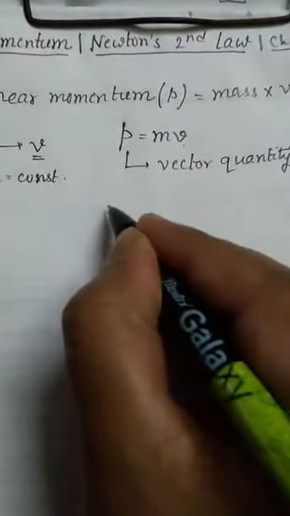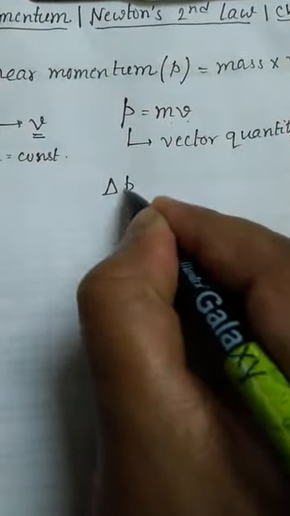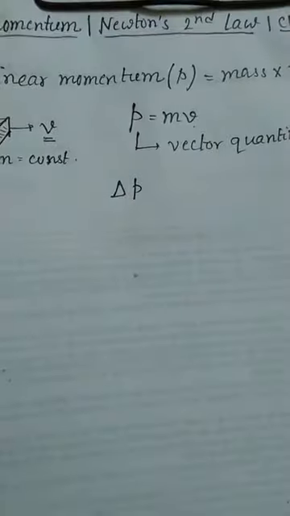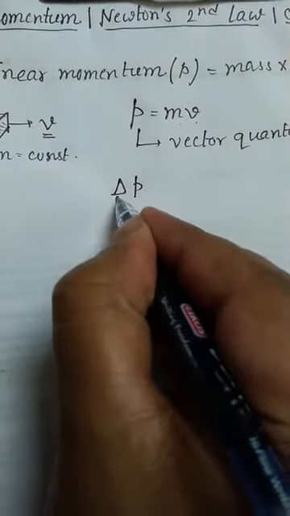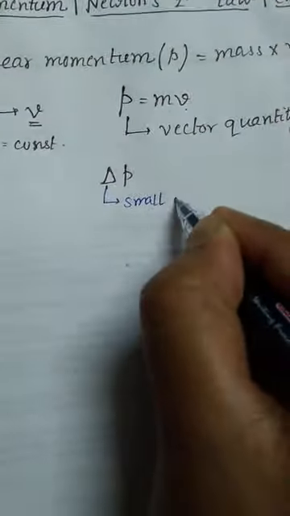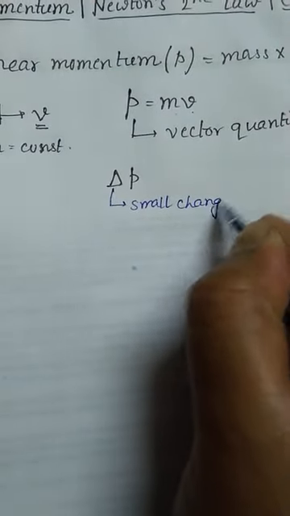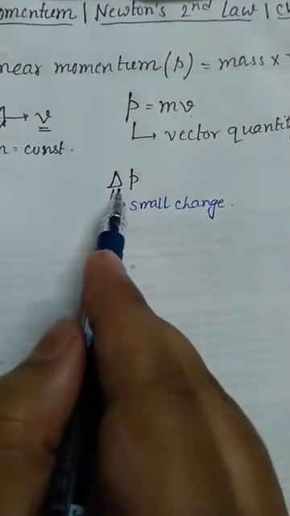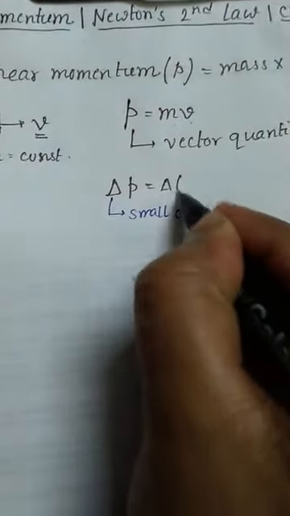So how does the change of linear momentum occur? I am writing it as delta p. What does delta mean? Delta denotes a small change. So delta p equals delta of mass times velocity.